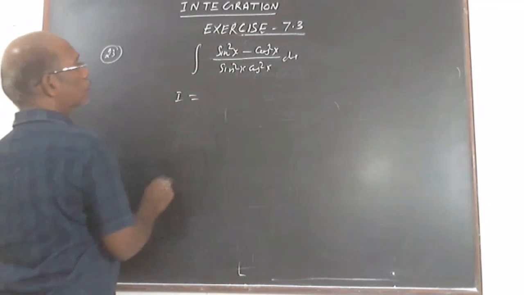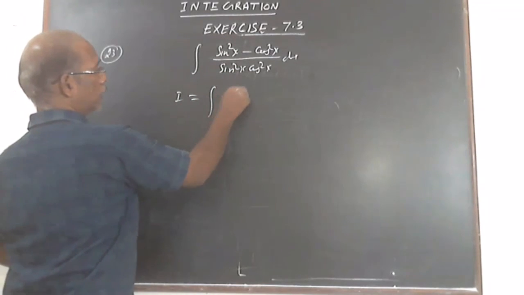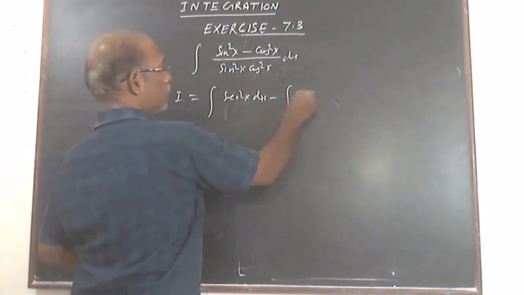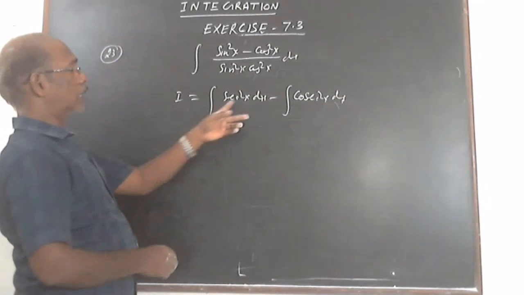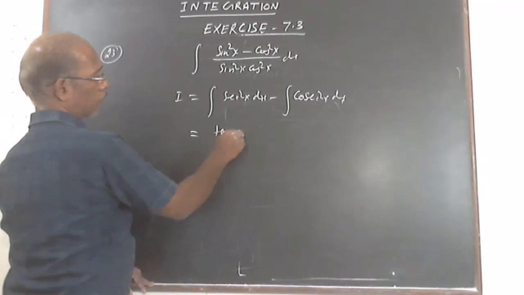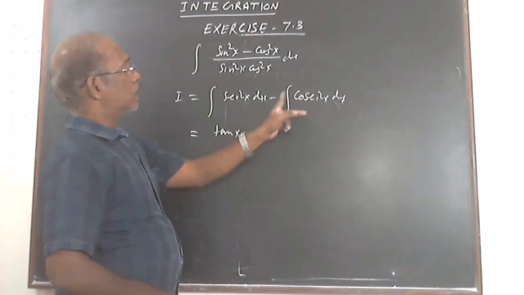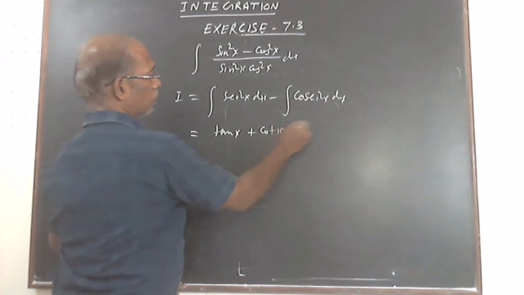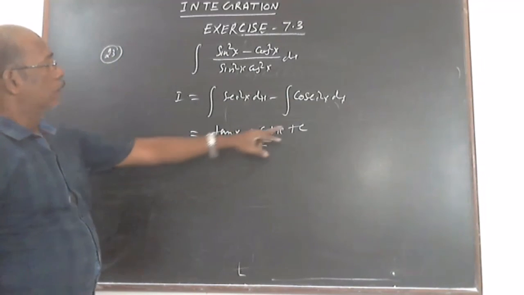I equals sin square by sin square cos square x gives secant square x, cos square cancels giving cosecant square x. Secant square x is the derivative of tan x, so integral of secant square x is tan x, and minus cosecant square x is the derivative of cot x, so this gives plus cot x, with the integral constant. What is the answer? Tan x plus cot x with the arbitrary constant.